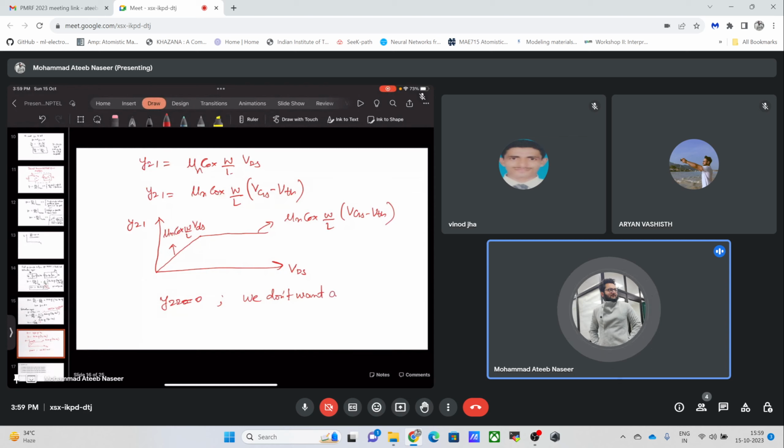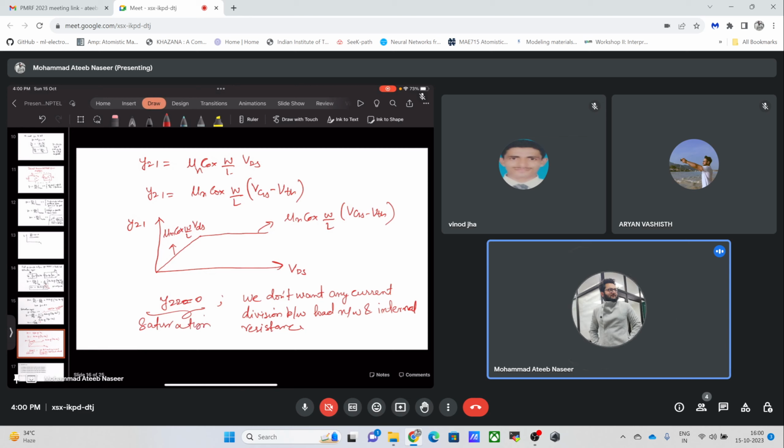So we want Y22 to be 0, and this is in the saturation region only.